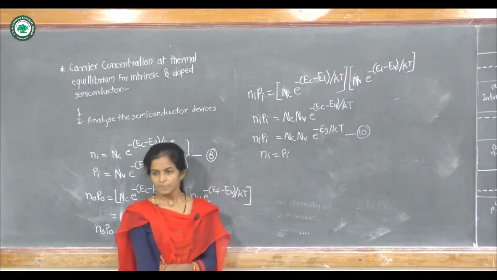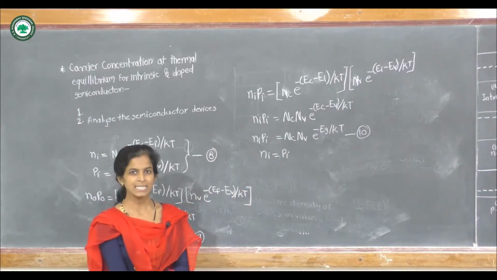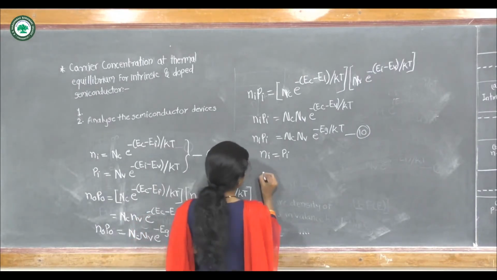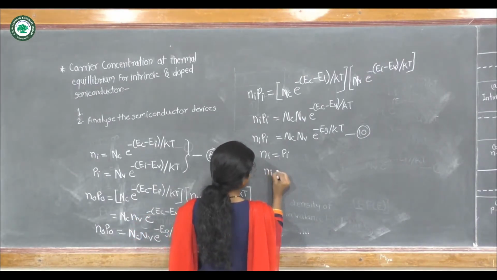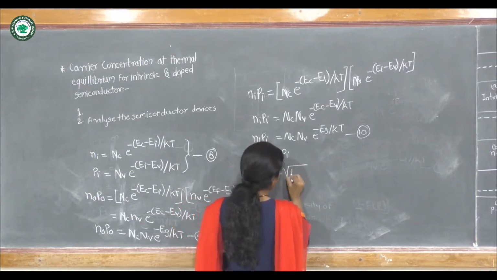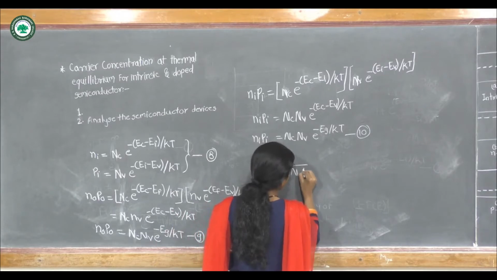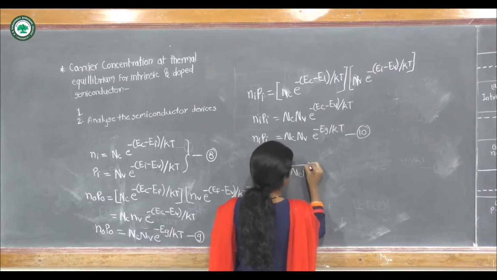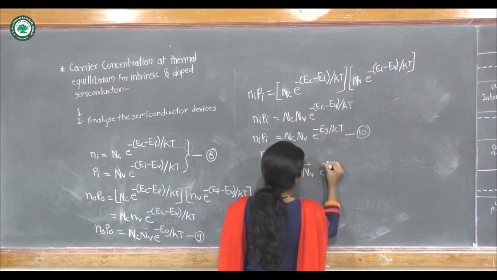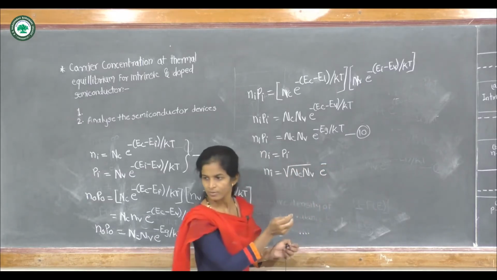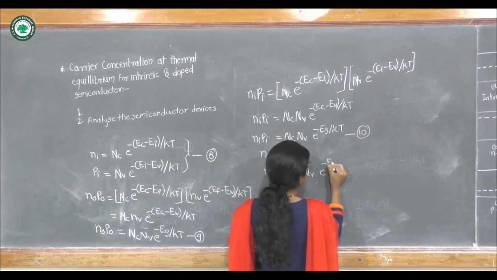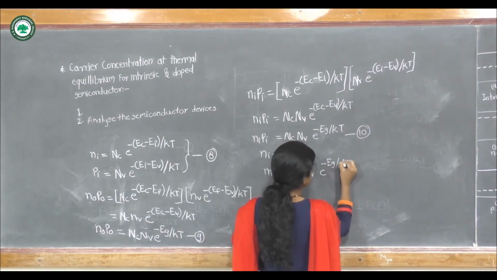Okay, so thus the intrinsic concentration is given by ni is equal to under root Nc Nv into e raised to minus Eg upon 2kT.